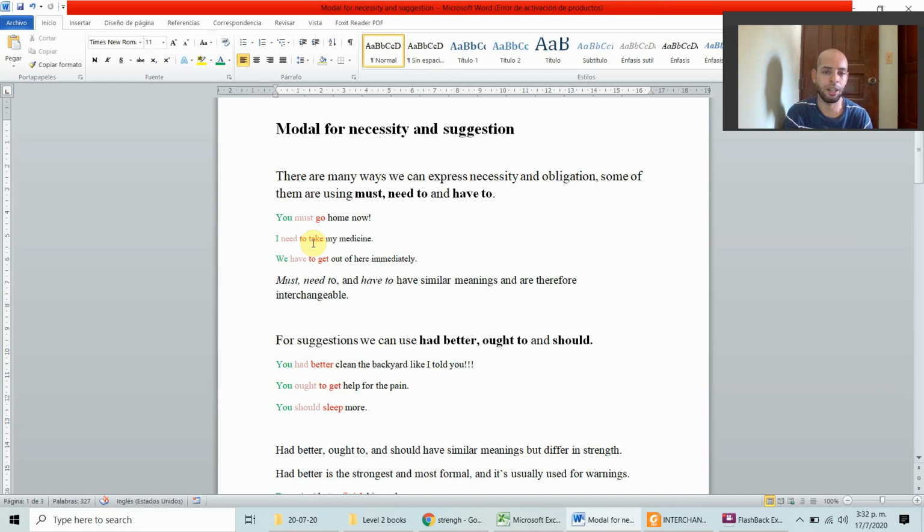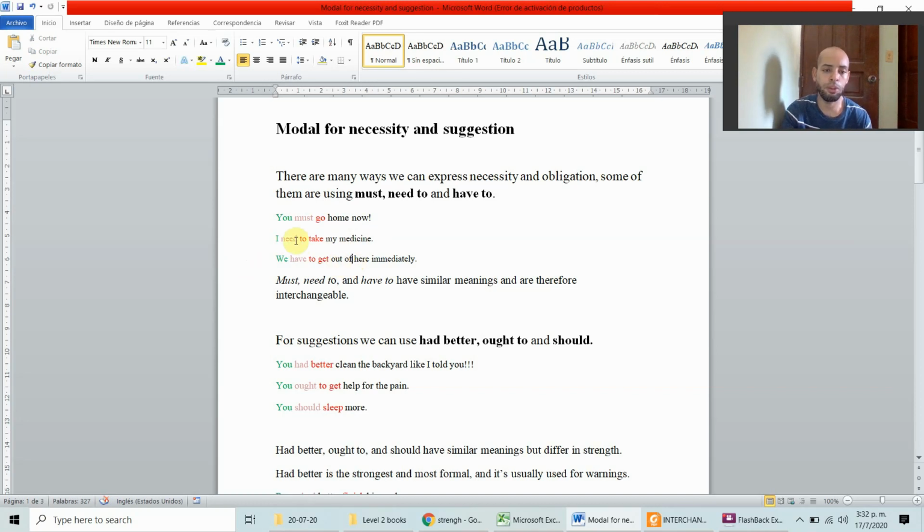It's a necessity and might be an obligation. For example, in a situation where the person needs the medicine to survive, or we have to get out of here immediately. It's like a necessity or an obligation, depending on the situation.